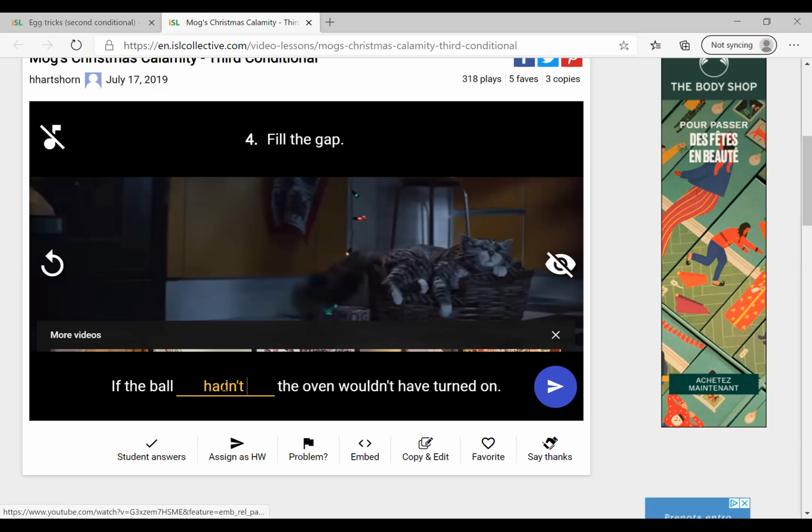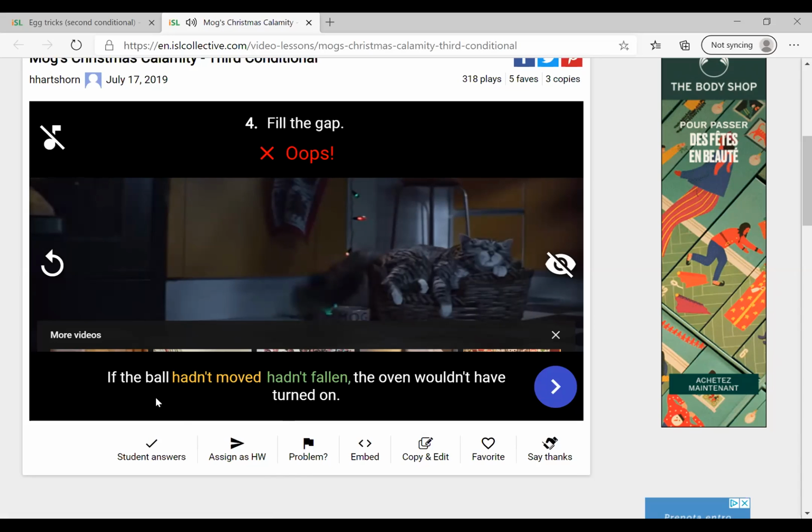Give me any verb. If the ball hadn't moved. Okay, moved. The oven wouldn't have turned off. Okay. If the ball hadn't fallen, the oven wouldn't have turned on. But it happened. Okay. So then.